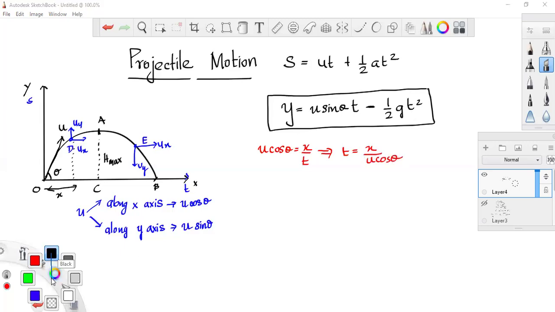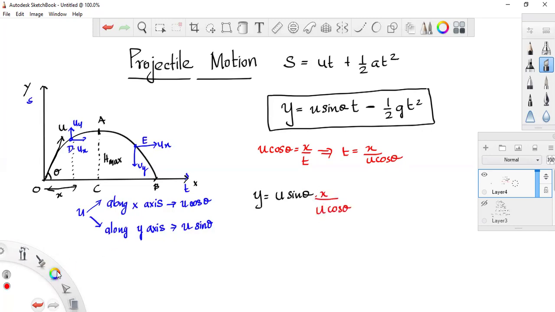I'm going to substitute this value in the above equation. So y is equal to u sin theta, and instead of t, let me substitute x by u cos theta, minus half g t square.